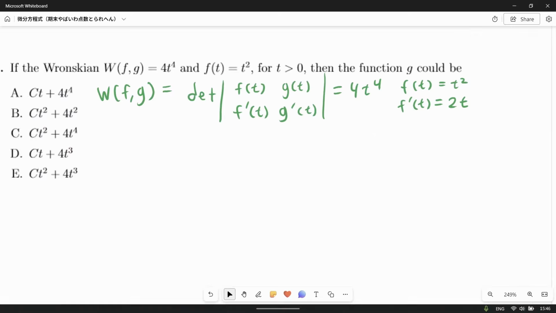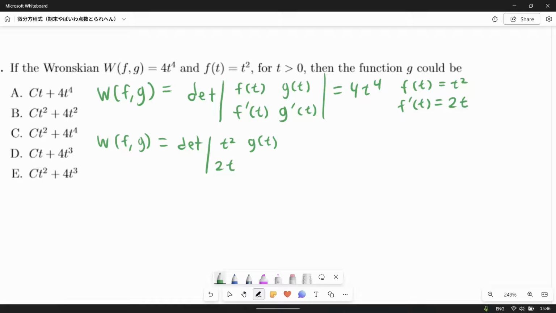So I'm going to set up the determinant. We know that the Wronskian W of f and g is equal to the determinant of t squared and then 2t, and then g of t, and then g prime of t. Since we're taking the determinant of a 2x2 matrix, that's going to be equal to the top left times the bottom right minus the bottom left times the top right.